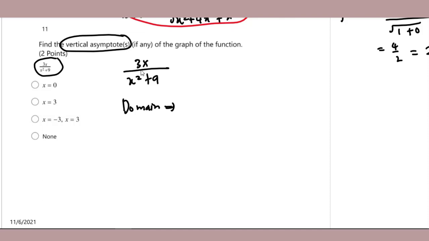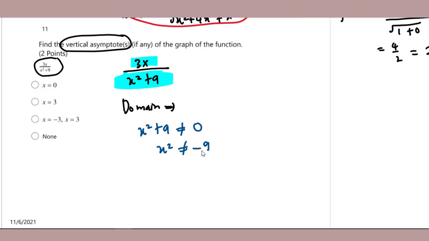This one is a ratio, so take the denominator: x squared plus 9 not equal to 0. If the denominator is equal to 0, the function is undefined. When undefined, it means the function has a vertical asymptote. And x squared is not equal to negative 9.